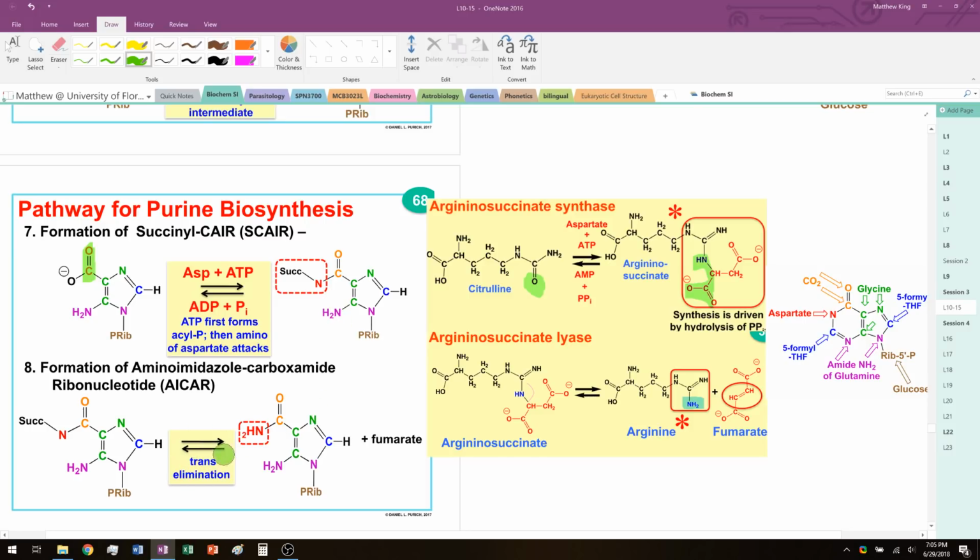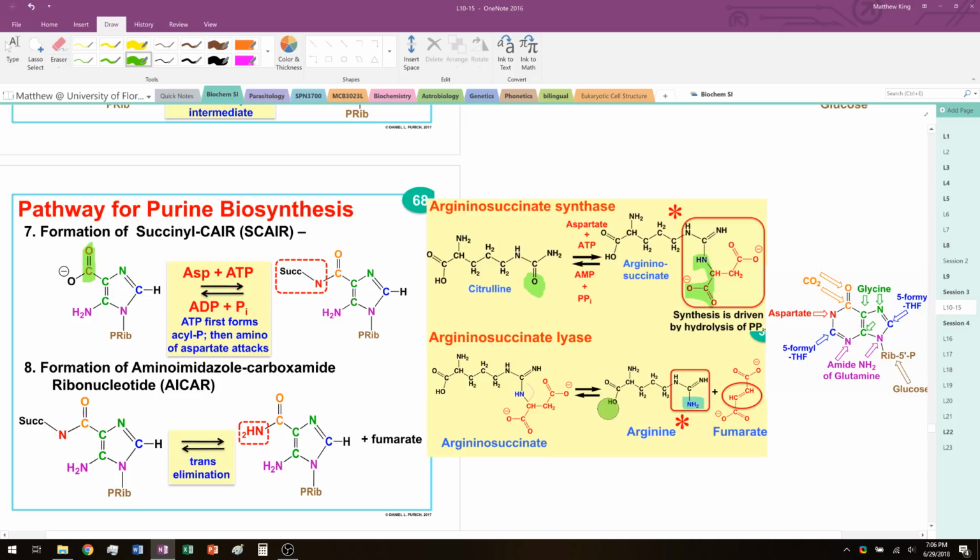Basically, this is a trans elimination, and we ran into the same exact thing in the urea cycle. The part of the urea cycle that did this was going from argininosuccinate over to arginine. This is the big parent molecule, and then we have the succinate linkage down here.